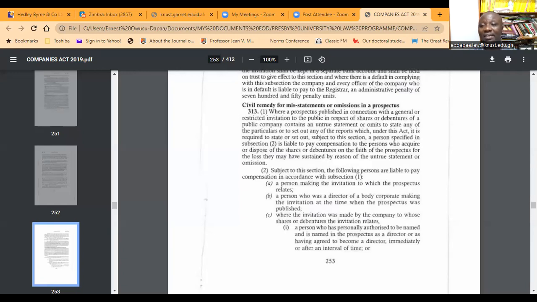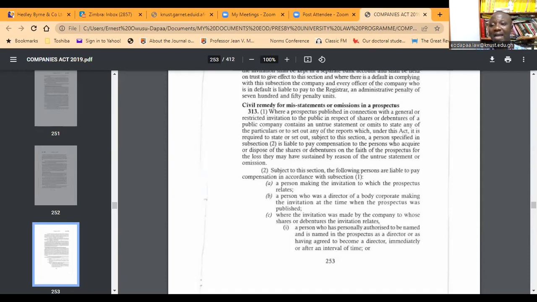So 313 tells us, quote, where a prospectus published in connection with the general or restricted invitation to the public in respect of shares or debentures of a public company contains an untrue statement, a person specified is liable to pay compensation to the persons who acquire or dispose of the shares on the faith of the prospectus for the loss they may have sustained by reason of the untrue statement or omission, unquote.